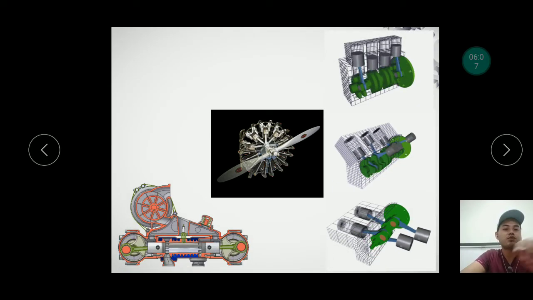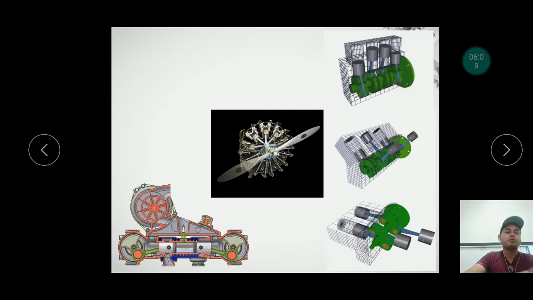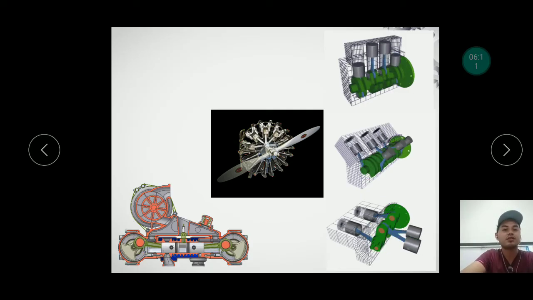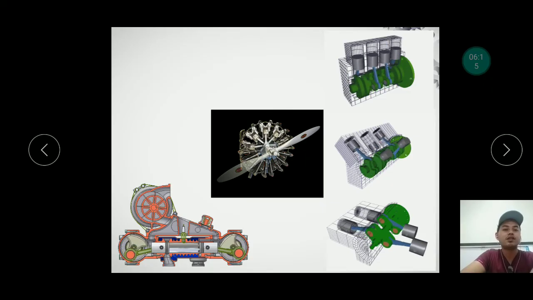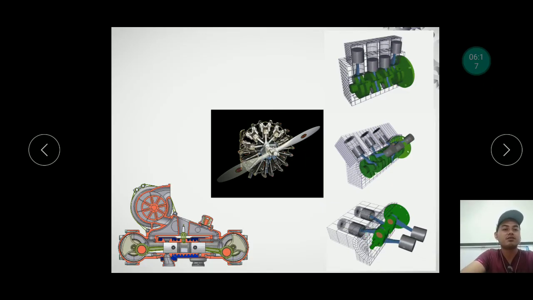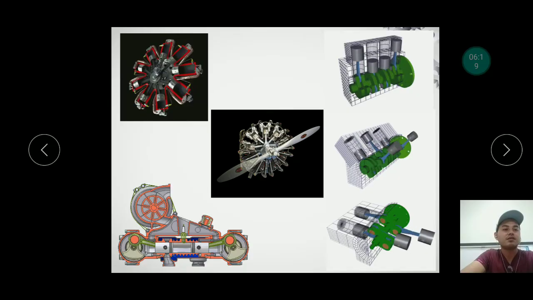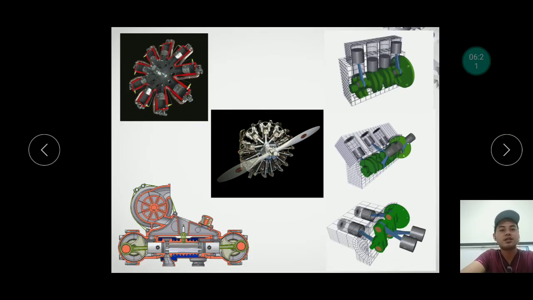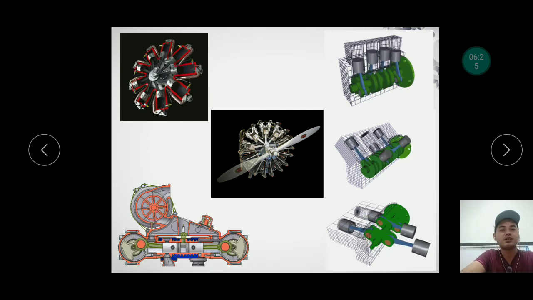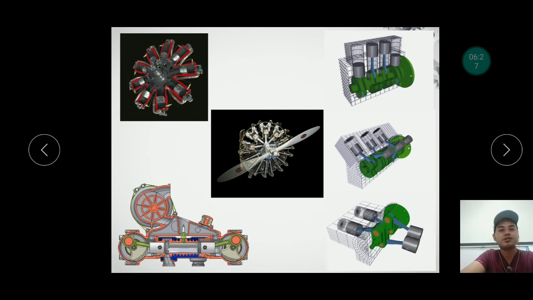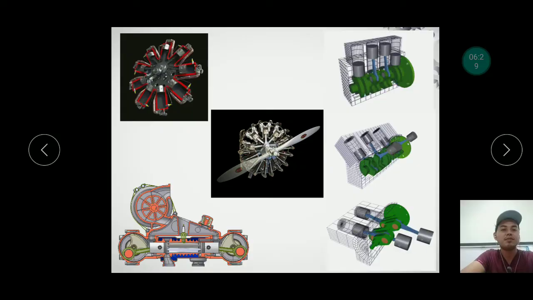And this one is the opposed, the pistons are opposed with each other. Usually some engines used this opposed piston during the war period. This one in the center is the radial piston. It can be used in aviation maybe.